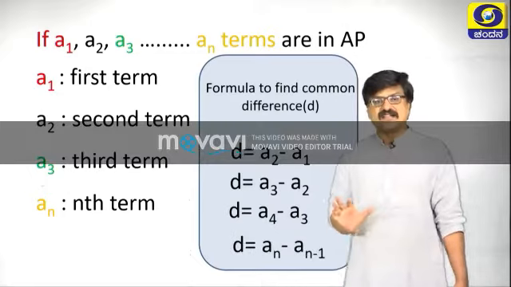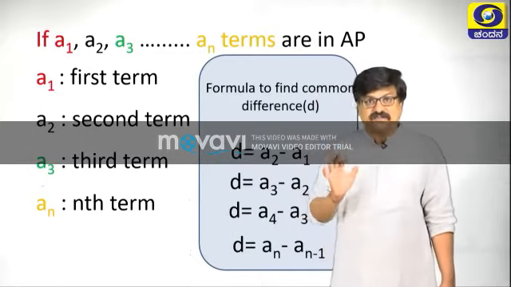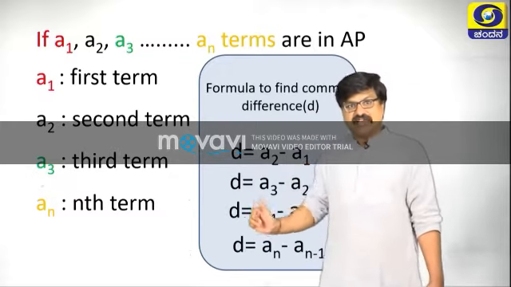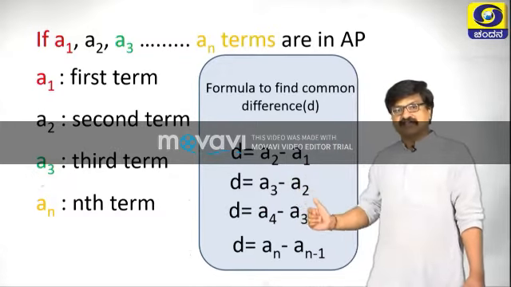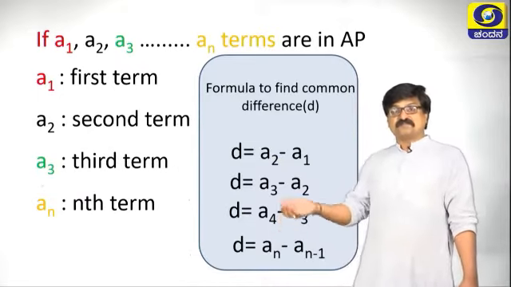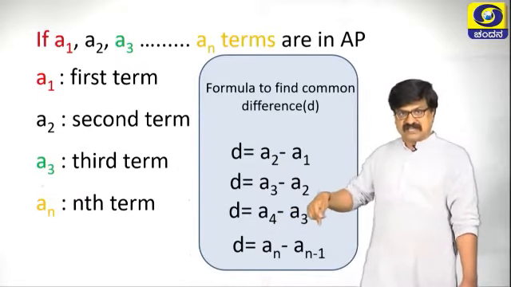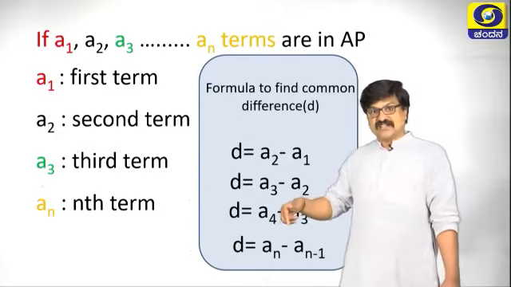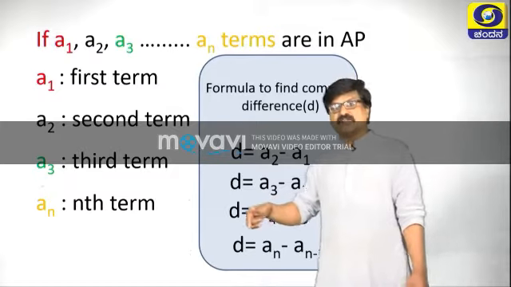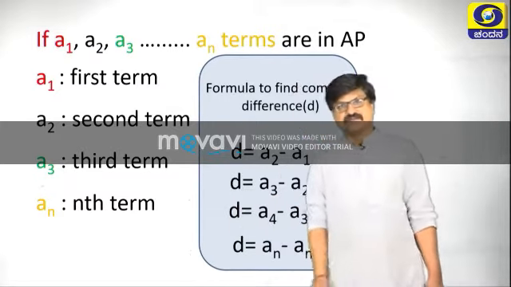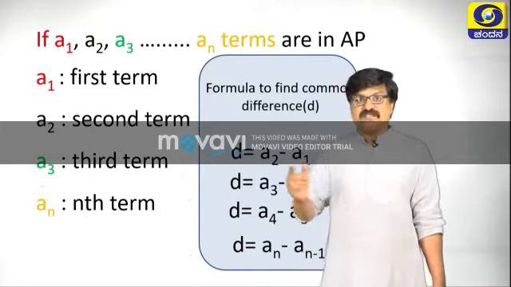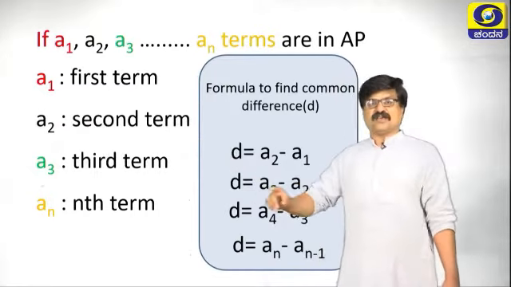In general, we write the formula to find the common difference as an minus a(n minus 1). an is the nth term, its preceding term is n minus 1, hence the difference an minus a(n minus 1) is the common difference d. I hope you understand how we can find the common difference using this formula.